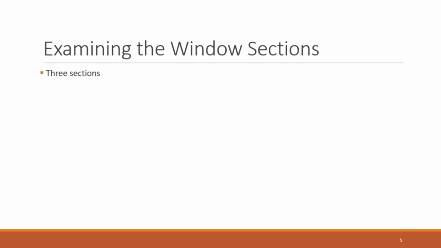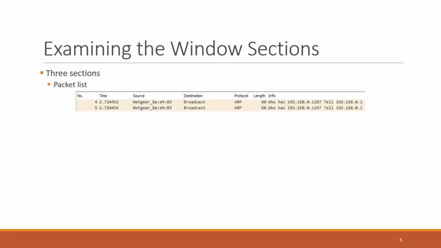So there are 3 main sections of the window. We have the packet list. As you see here in the image, this packet list is showing you the source of the packet and the destination of the packet. It starts in the far left corner with the number of the packet in the trace, and then the time, the number of seconds ticked off between the packets, and the source.